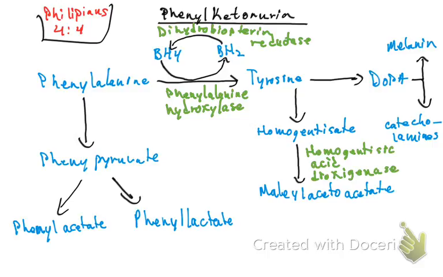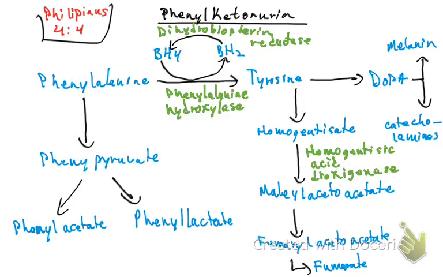After you use homogentisic acid deoxygenase to convert homogentisate to maleylacetoacetate, the maleylacetoacetate goes on to produce fumarylacetoacetate. This fumarylacetoacetate goes to fumarate, and then where do you think this fumarate can go?